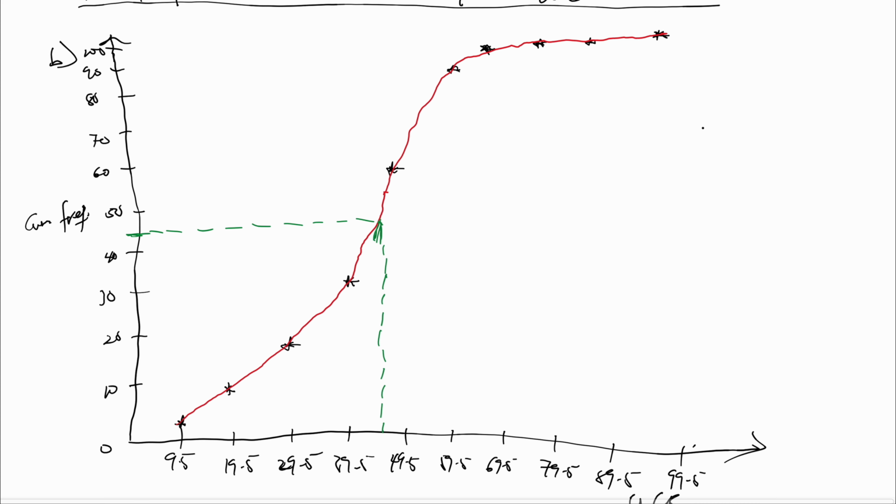So to find the number of people who had more than 45.5, you subtract 42 from 100.